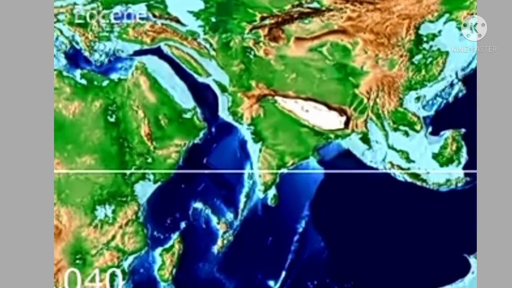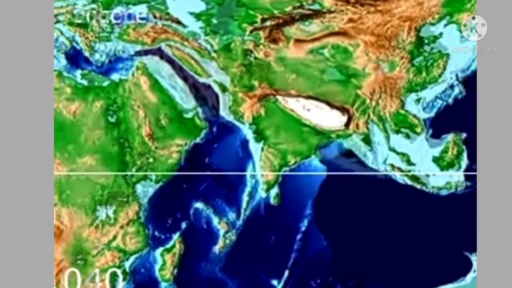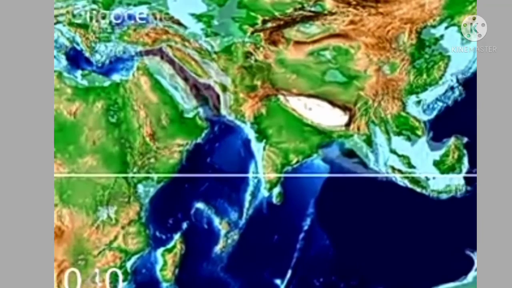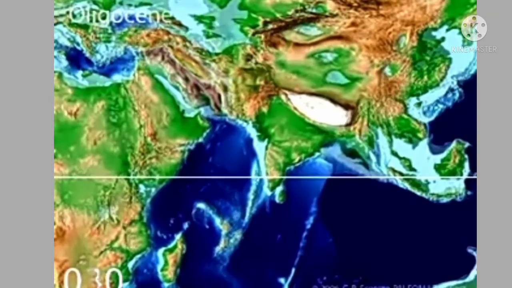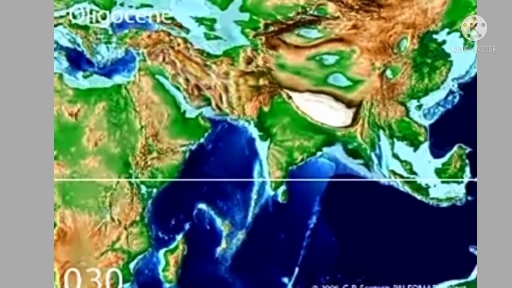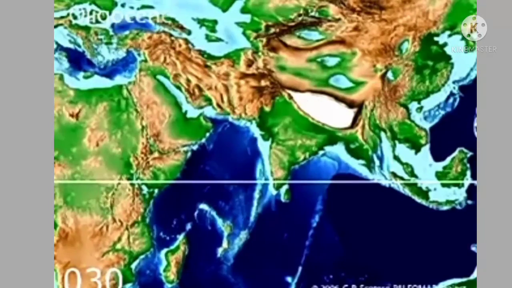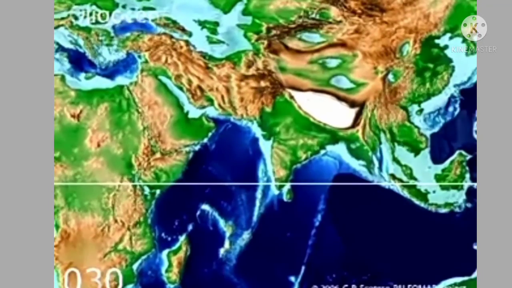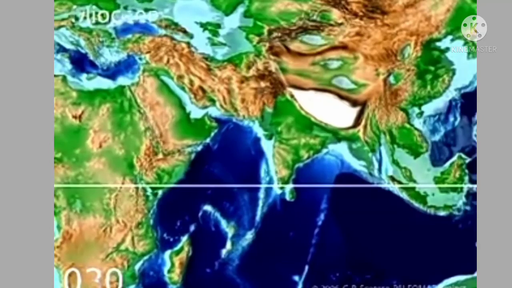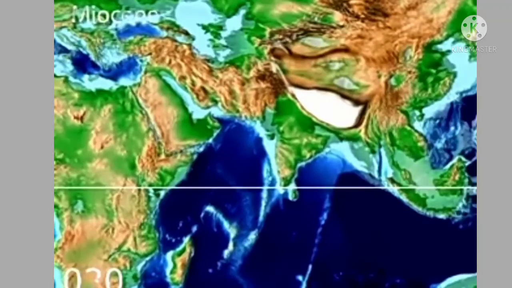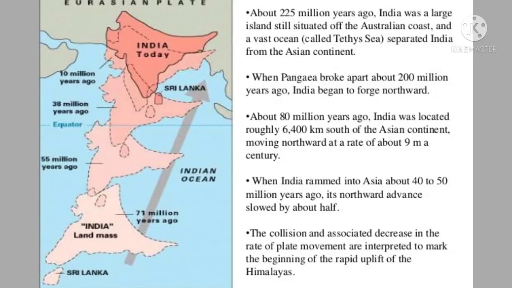During the movement of the Indian plate, 2 events occurred in India. The first event was the outpouring of lava and formation of the Deccan Plateau, and the second was the subsidence of the western coast. Around 40 million years ago, there was a rising of the Himalaya mountains, and that is the movement of the Indian plate.